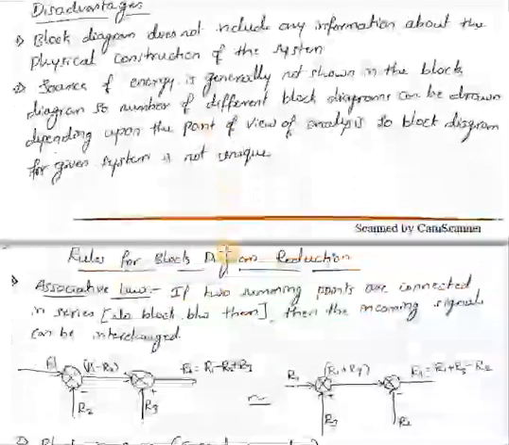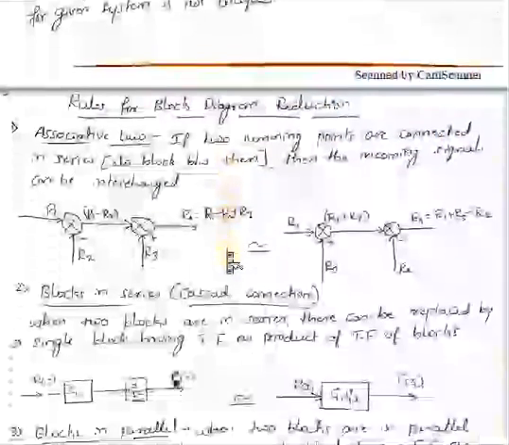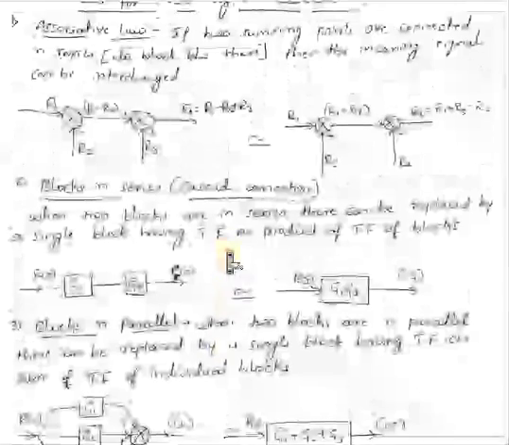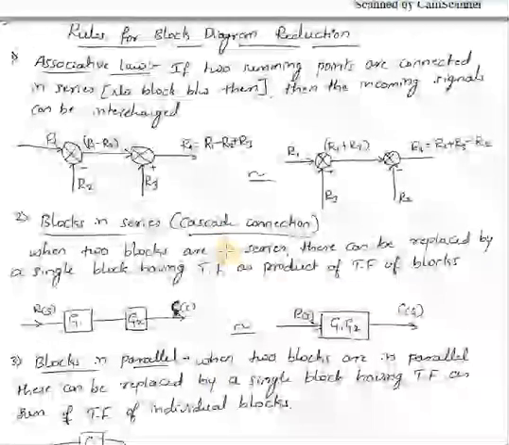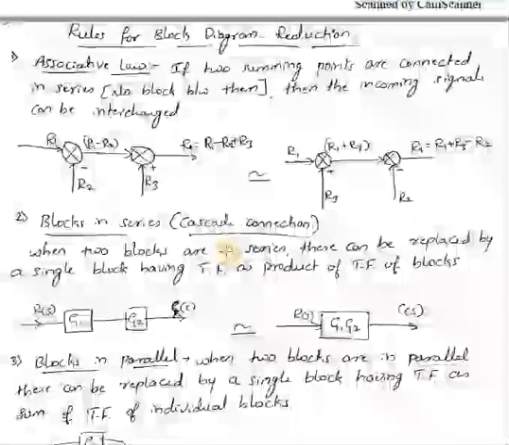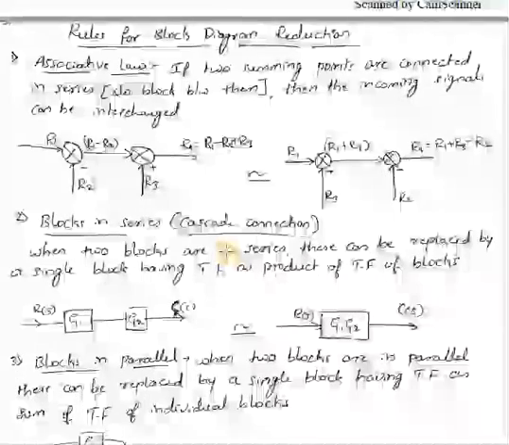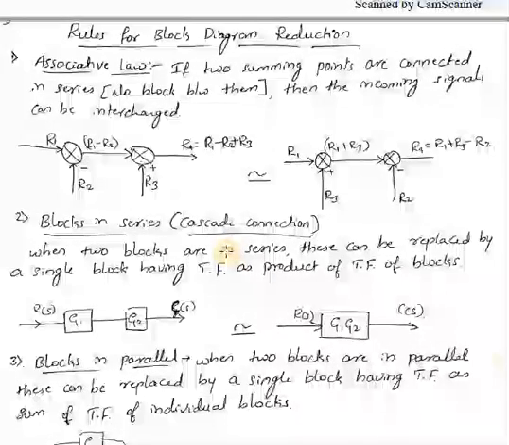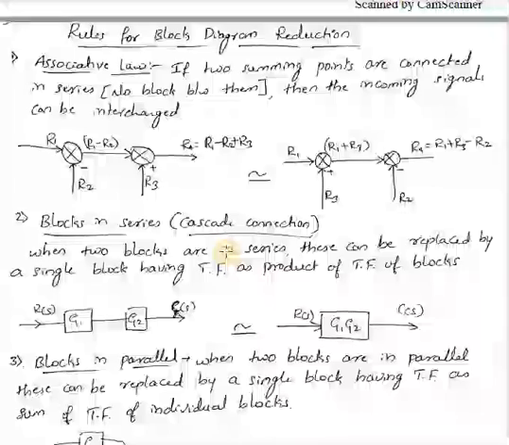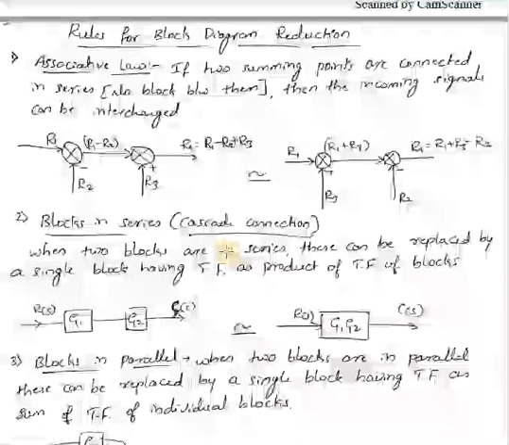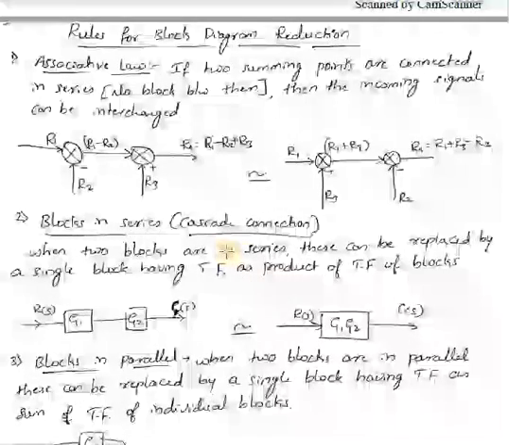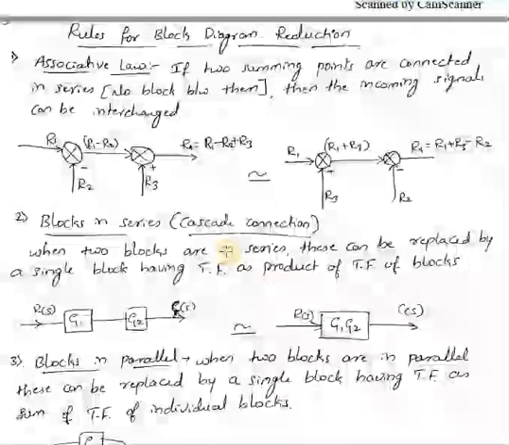Then the next one: there are some rules to reduce the block diagram into a single block diagram. The very first one is the associative law. If two summing points are connected in series, then the incoming signals can be interchanged.